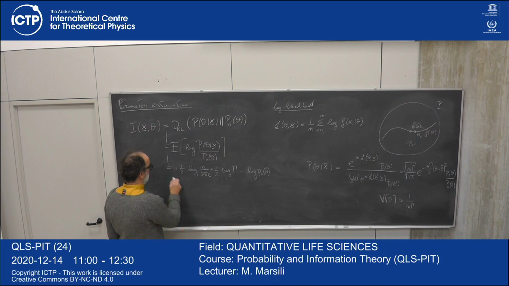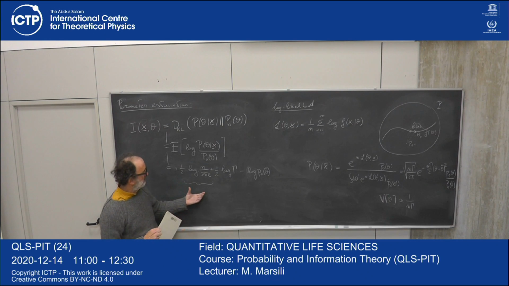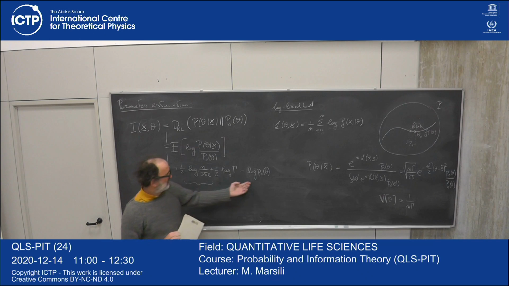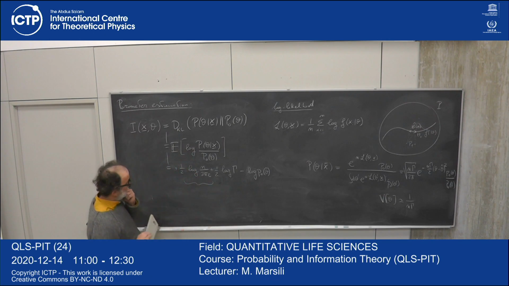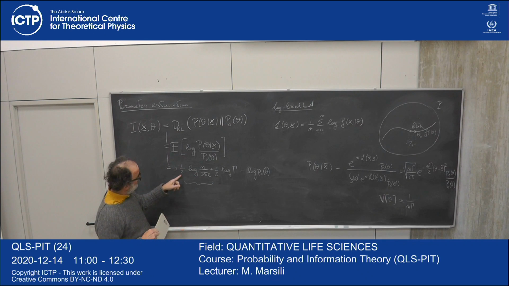This part here tells you that essentially what you learn is the leading term when n goes to infinity, because these other two terms are finite. And so this term tells you that essentially you learn 1/2 log n bits.